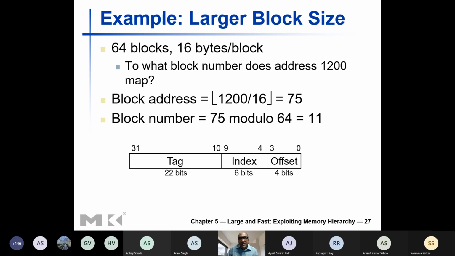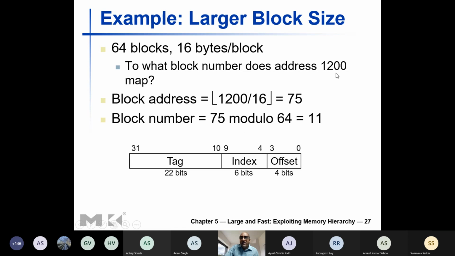The same way here, when a block equals 16 bytes, the least significant 4 bits indicate the byte offset within a block. The remaining bits carry the block number.